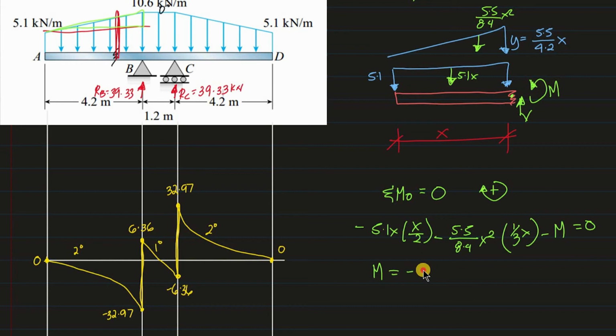This would be equal to negative 5.1 x squared over 2 minus 5.5 over 8.4 times 3 is equal to 25.2. 25.2 x squared times x is x cubed. Okay na. So ito na yung ating moment equation.